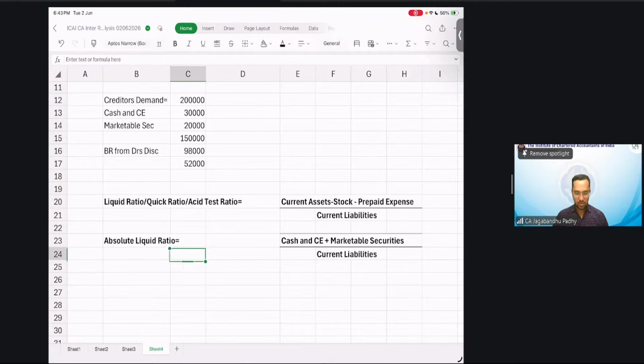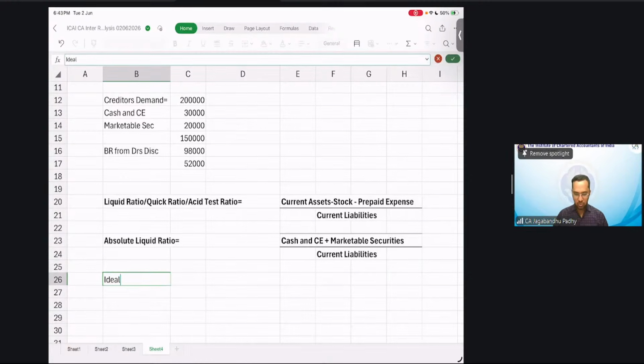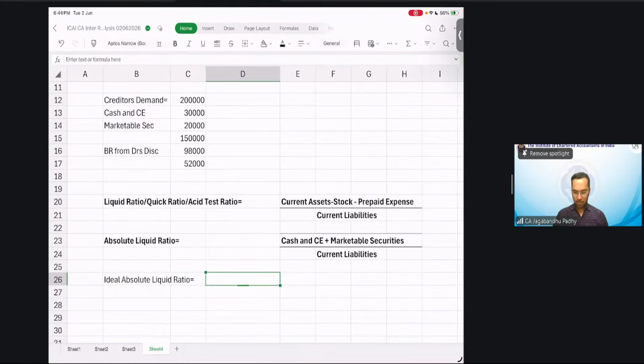1:1, yes. So absolute liquid ratio, you can say ideal absolute liquid ratio is 1:1.